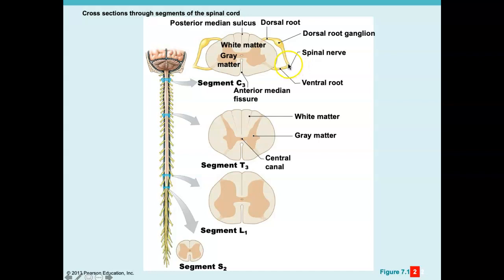But the incoming sensory information is going to come up this dorsal root. The dorsal root ganglion are the cell bodies and enter the spinal cord, and then outgoing information comes out the ventral root. You can see the center of the spinal cord looks like a butterfly of gray matter. And it will look different depending on where you are on that spinal cord.